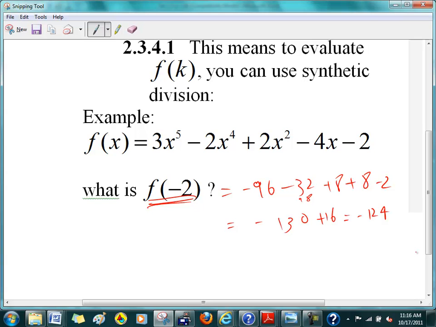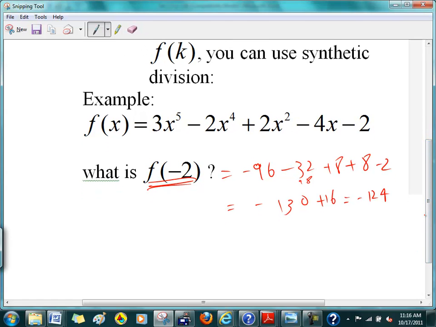All right? So what you need to do is synthetic division. So you're going to write 3, negative 2, 0, then 2, negative 4, negative 2. And what are you going to put here? You're dividing by x plus 2, so you're going to put a negative 2 here.